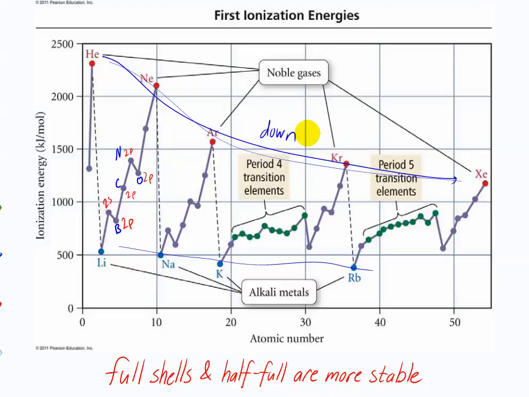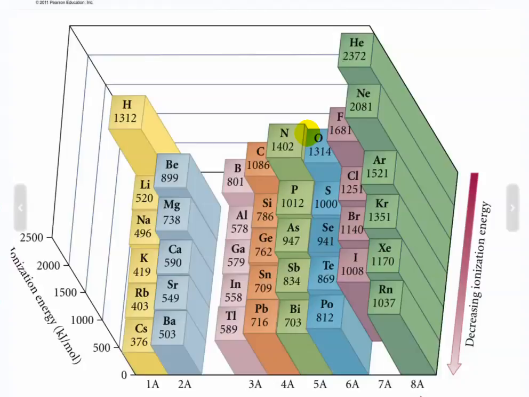Let me pull the picture up from the book. Here's a picture from the book. So you can actually see the trends across and down. So you'll see as you go across, we talk about how it goes up, but with those little blips. As it goes down, the energy goes down.